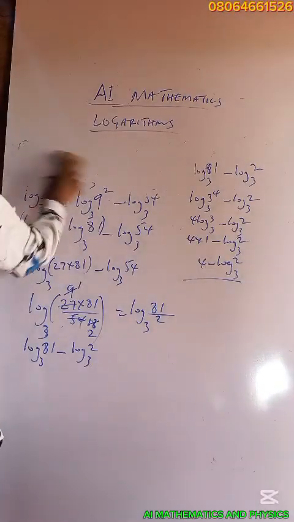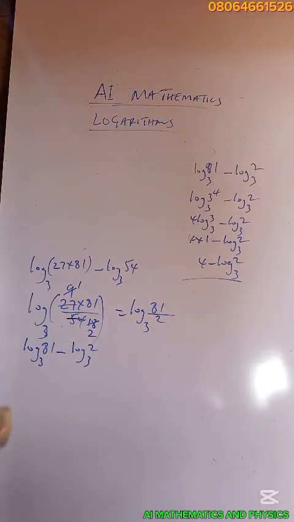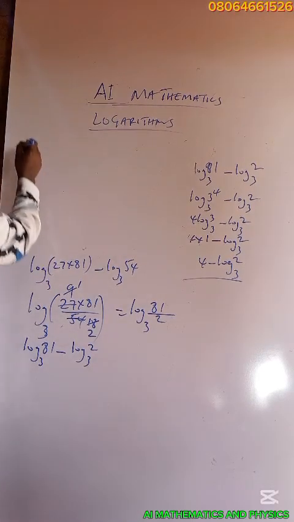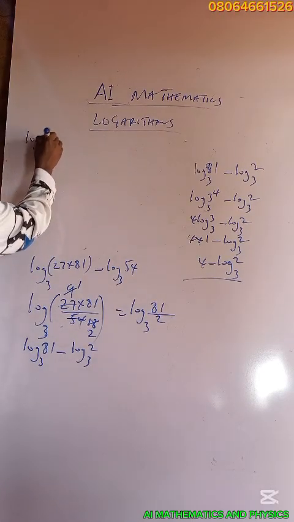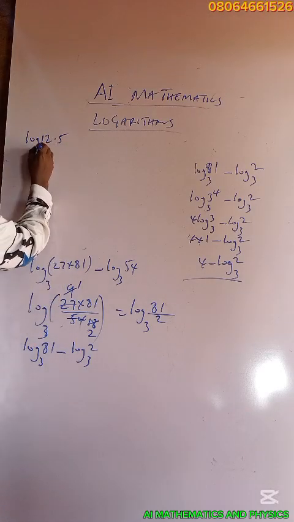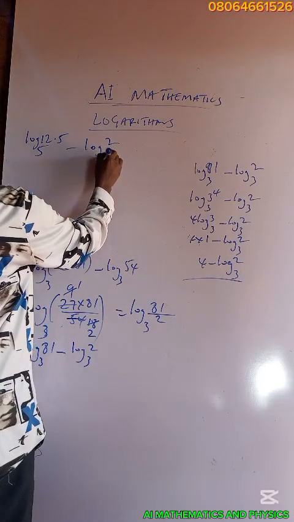Let's solve the second one. We have log 12.5 base 5 minus log 2 base 5.